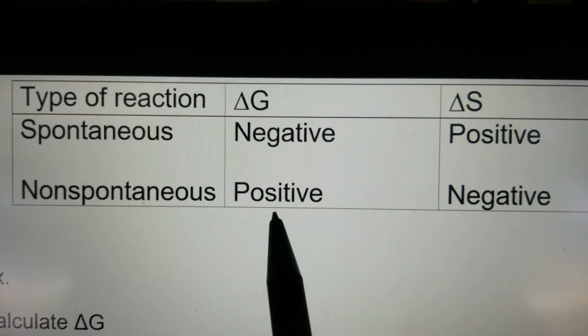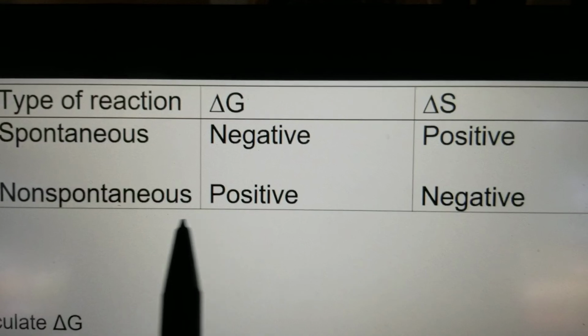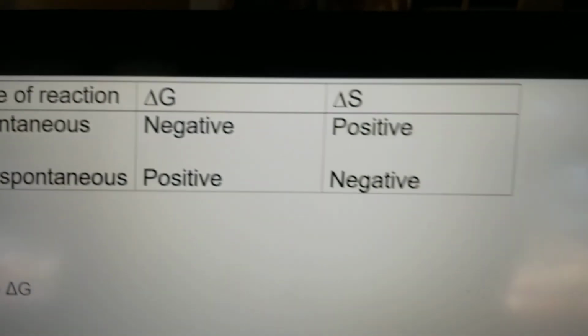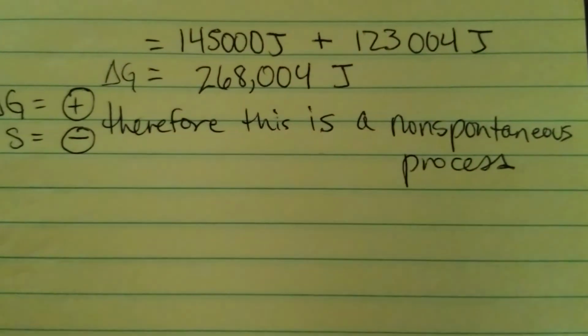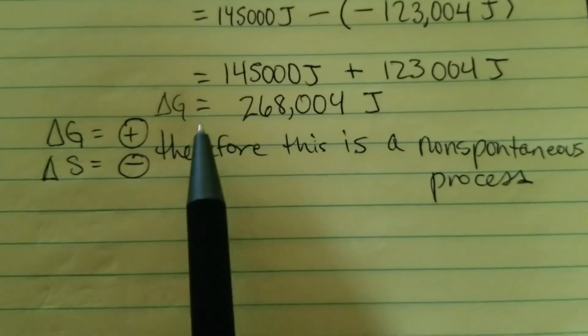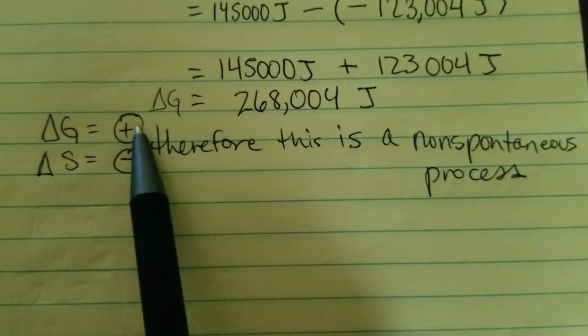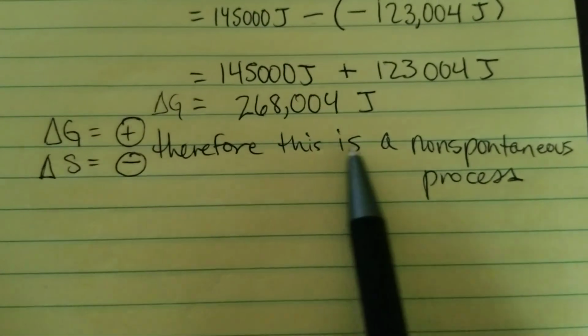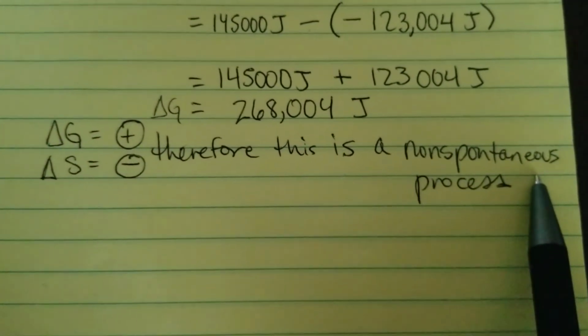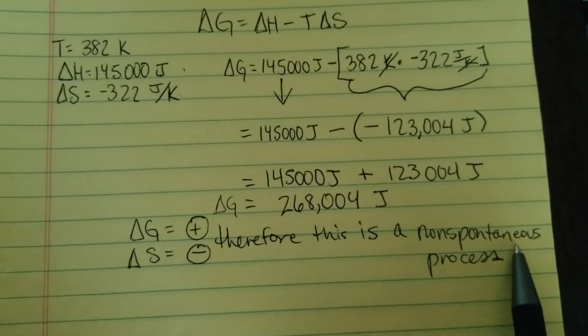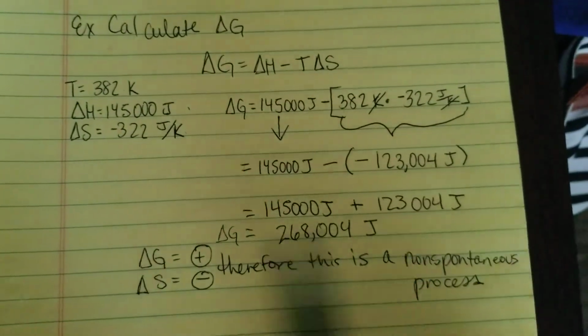Positive delta G, negative delta S means it is a non-spontaneous process. So the answer at the end, you calculated delta G, and based on that information, you're able to conclude that this is a non-spontaneous process. And that's how you use the delta G formula.